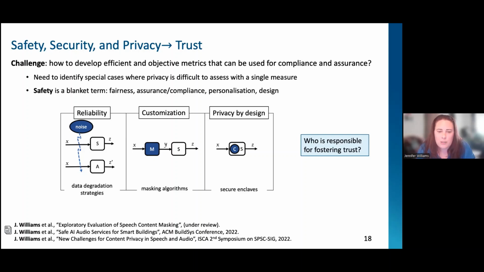But all of these open up a question of who is responsible for fostering the trust. Is it the researcher who is in the prototyping stage, like I talked about earlier, who's trying experiments, designing algorithms, and just seeing if they work? Is it the manufacturer who's making products and selling them? Is it the government and regulators and policymakers? Is it the user? So these are again open questions.